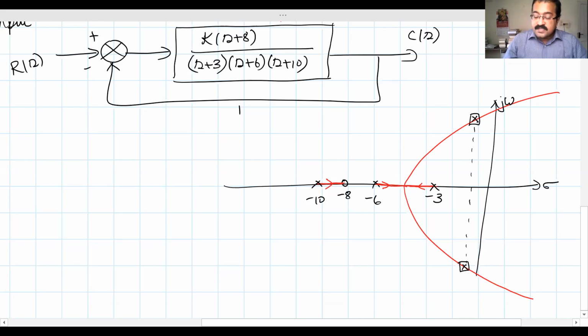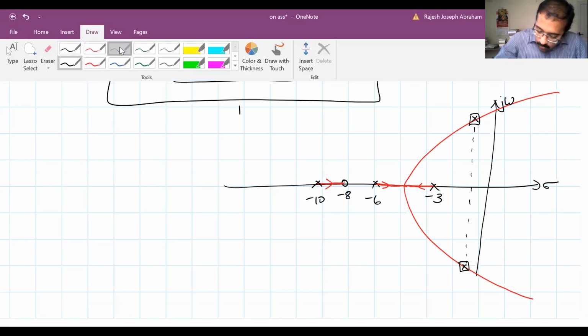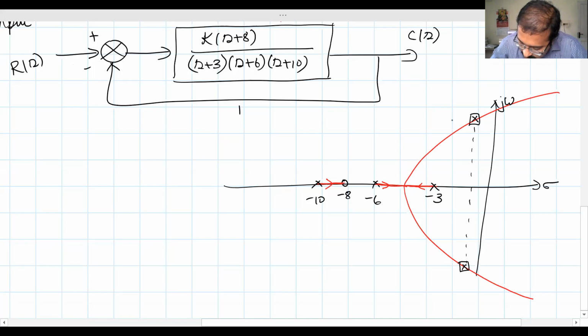Fine. Now, since this dominant closed loop pole is on the root locus, what's the condition? The net angle at this point must be plus or minus 180. So you join this particular dominant pole with all other poles and zeros: theta 1, theta 2, theta 3, theta 4.